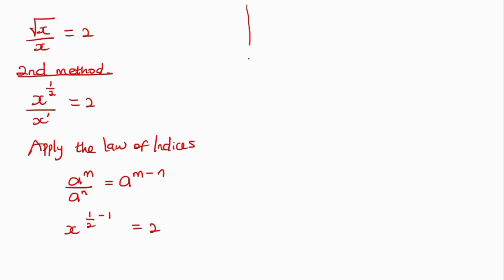Alright, so from this part, the LCM of this is 2. 2 into 2, 1 minus, this is going to give us 1 minus 2, which is negative 1 over 2. So we have x to the power of negative 1 over 2 is equal to 2.